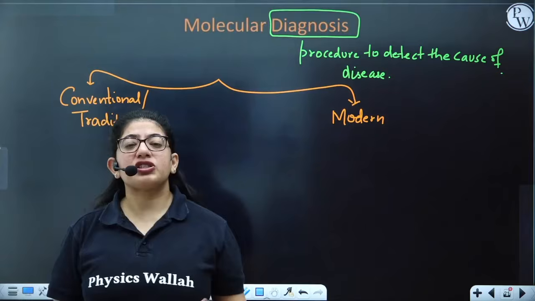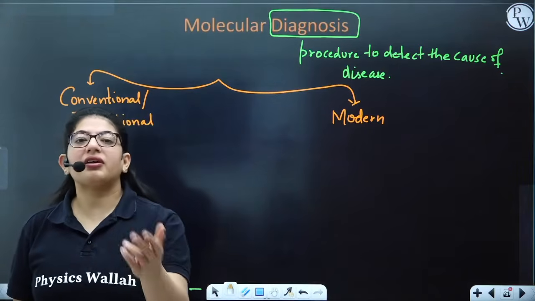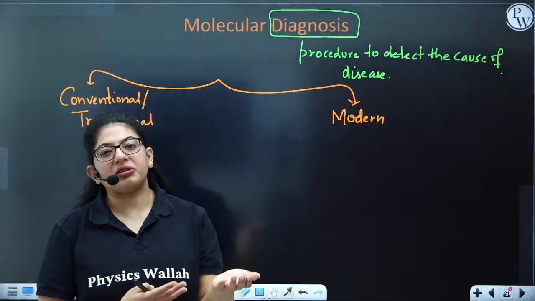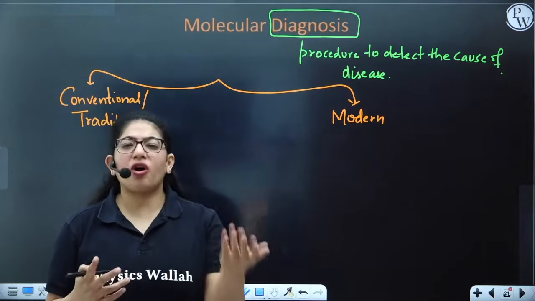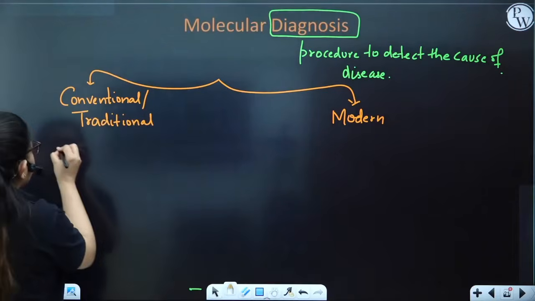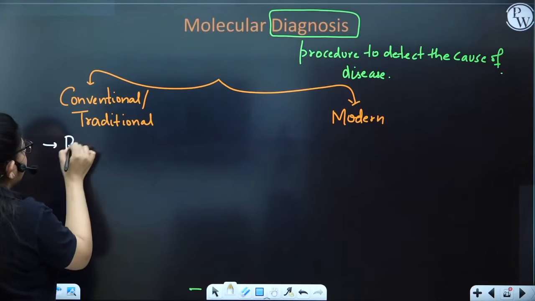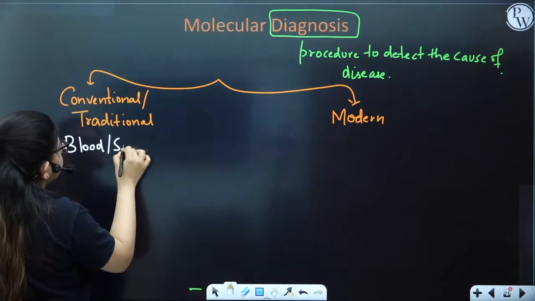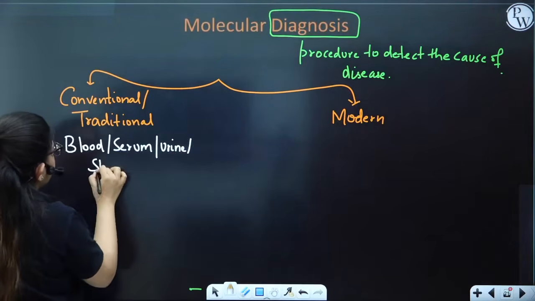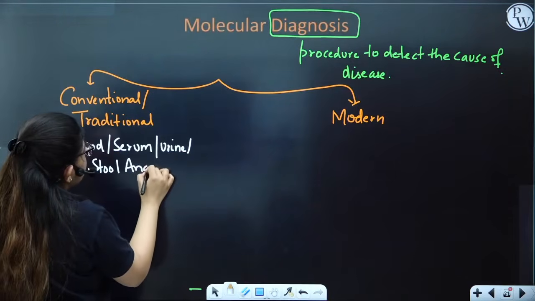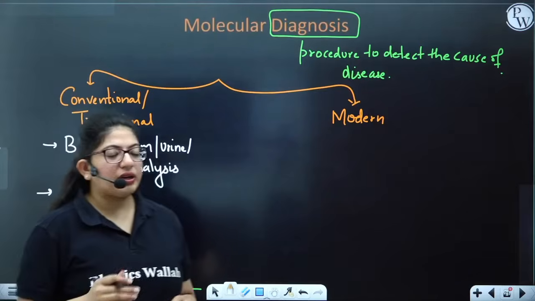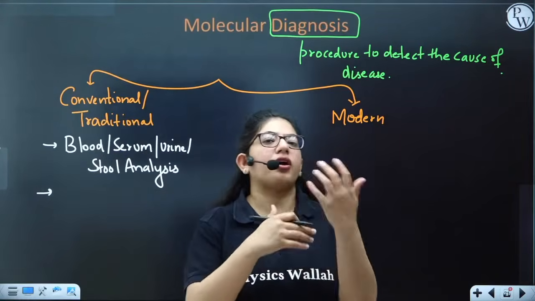So for earlier tests you must have heard of blood analysis, urine analysis, right? People give a blood sample to check for diabetes, give a urine test or a stool test. So the traditional or conventional methods were based on blood, serum, urine or stool analysis. But these types of diagnostic tests were done when a person already had the disease.